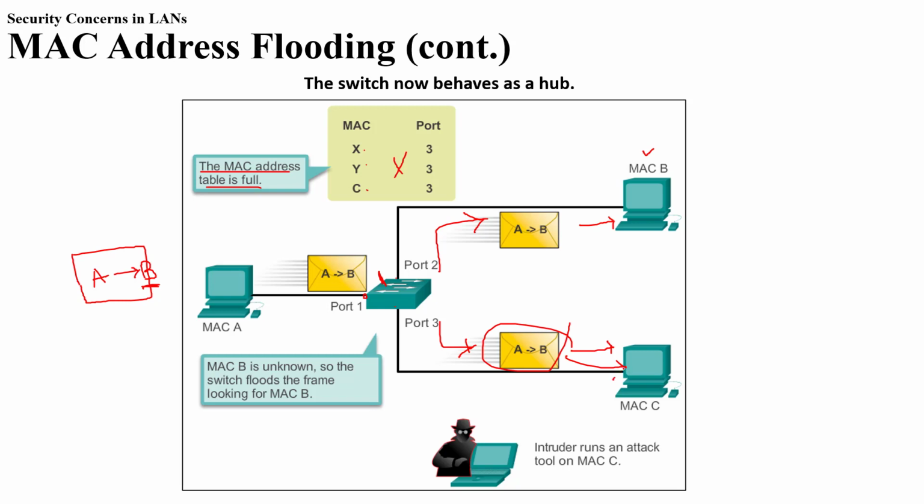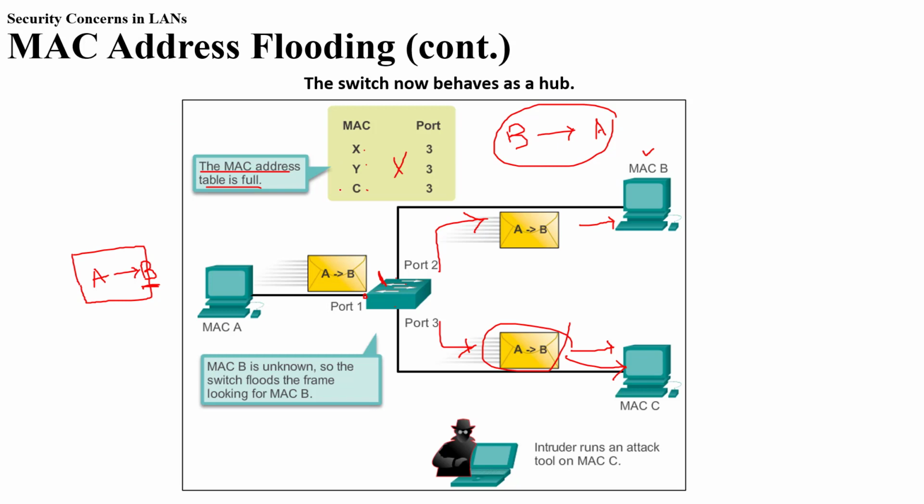So now the attacker is capturing somebody's packet. Same thing if B is sending a packet to A. If a packet is moving from B to A, it will go to the switch. The switch is going to search where A is connected.